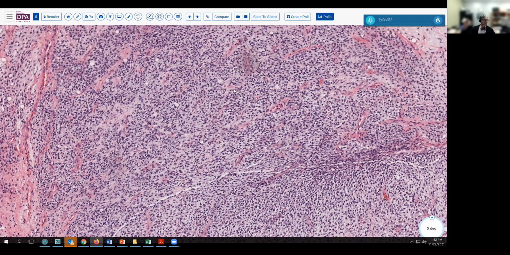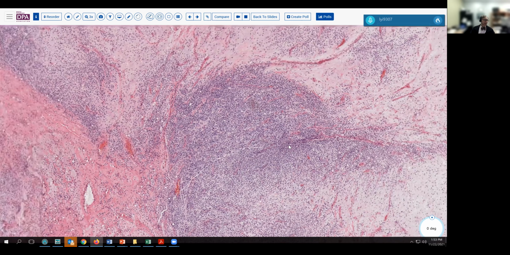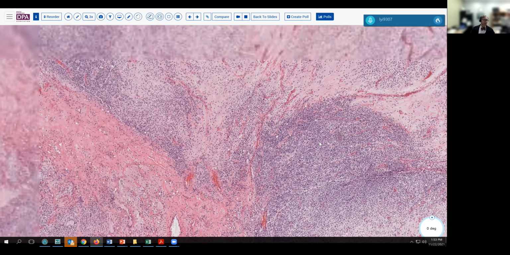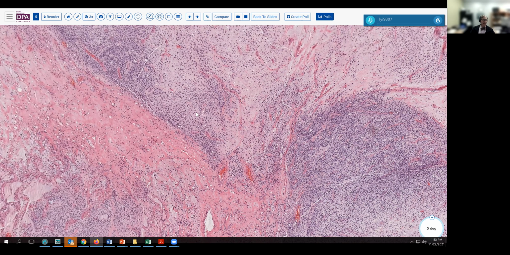But as you can see in this case, there oftentimes is a great deal of overlap, variable amounts of myxoid versus the round cell component. And in general, cutoffs, percentages of round cells may have some prognostic value, but are not critical in the differential. And so myxoid or round cell liposarcoma is an entirely appropriate designation.